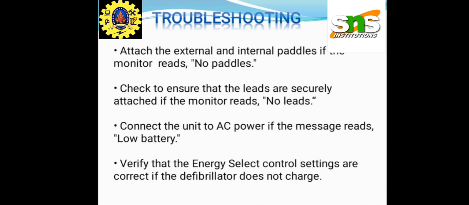Troubleshooting. Attach external or internal paddles if the monitor reads no paddles. Check to ensure that the leads are securely attached if the monitor reads no leads. Connect the unit to AC power if the message reads low battery. Verify that energy select control settings are correct if the defibrillator does not charge.